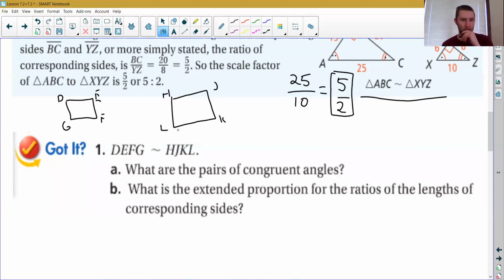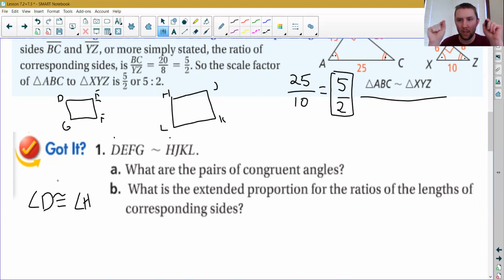In order to do that, it's similar to figuring out information from congruent statements, which we did back in chapter 4. But the order of the letters in the names is very important, okay? Because the first letter, this corner, so angle D, has to be congruent to angle H, because that's the first letter in this name and the first letter in that name.